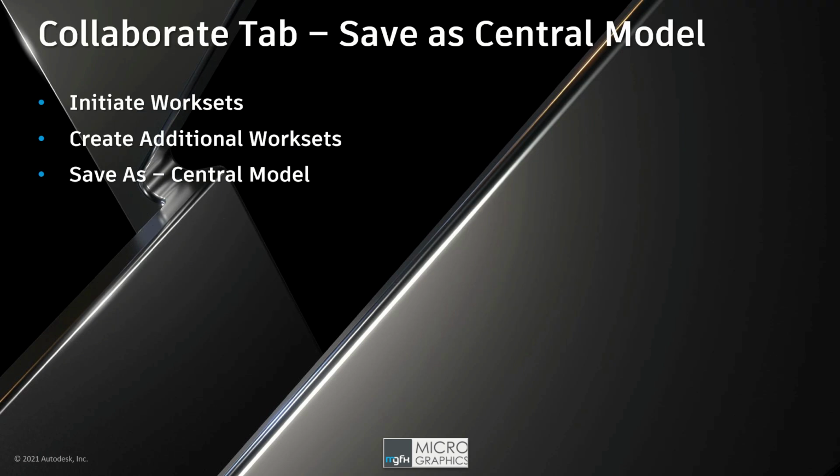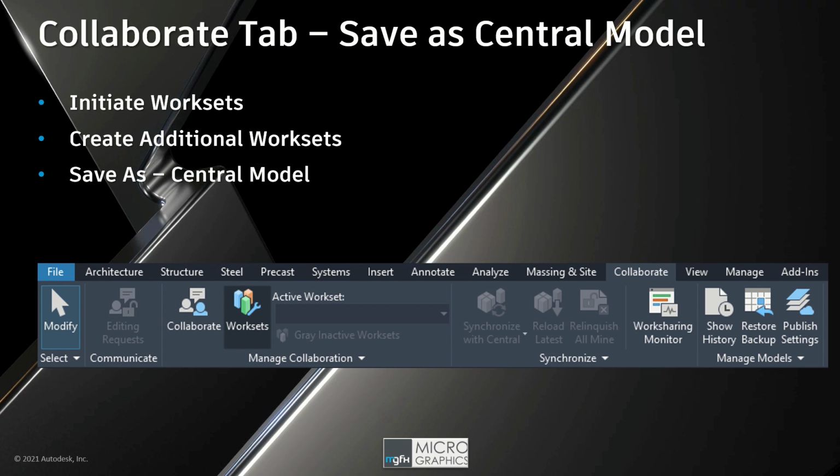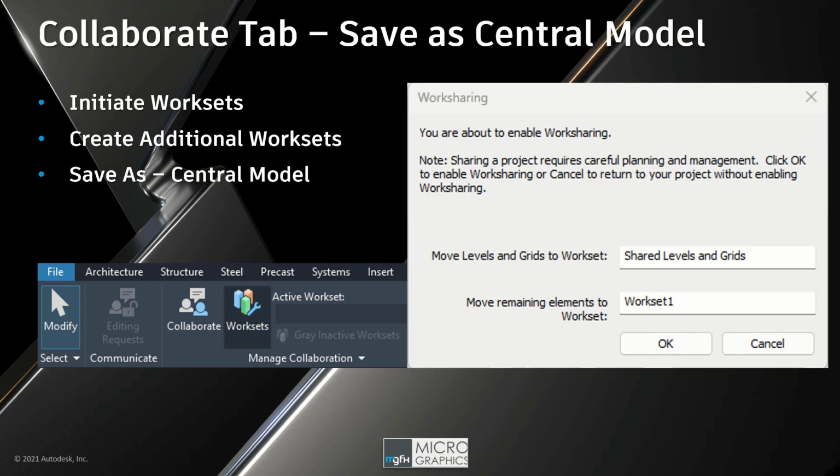So on the Collaborate tab, this is part of how to save as a central model. To create the central model, start by opening your Revit project and heading to the Collaborate tab. Click on the Worksets button to enable work sharing. Revit will prompt you to divide your project into worksets.